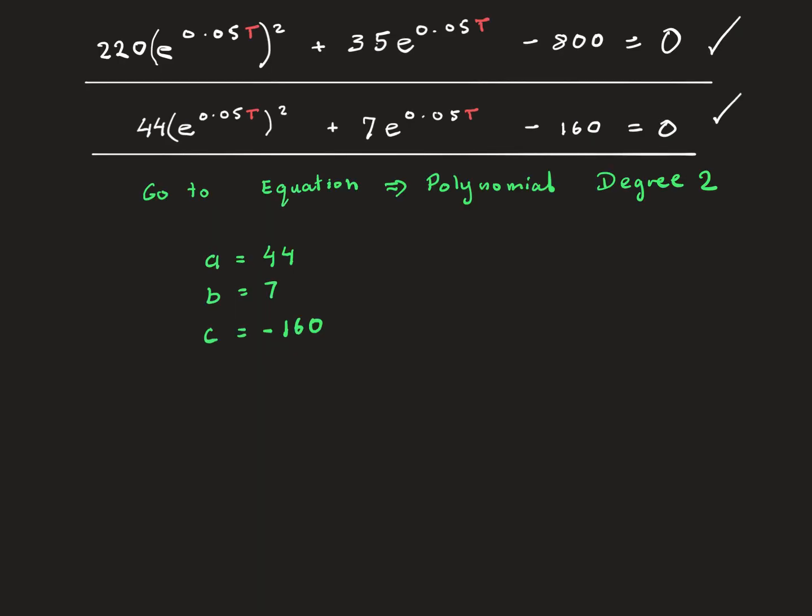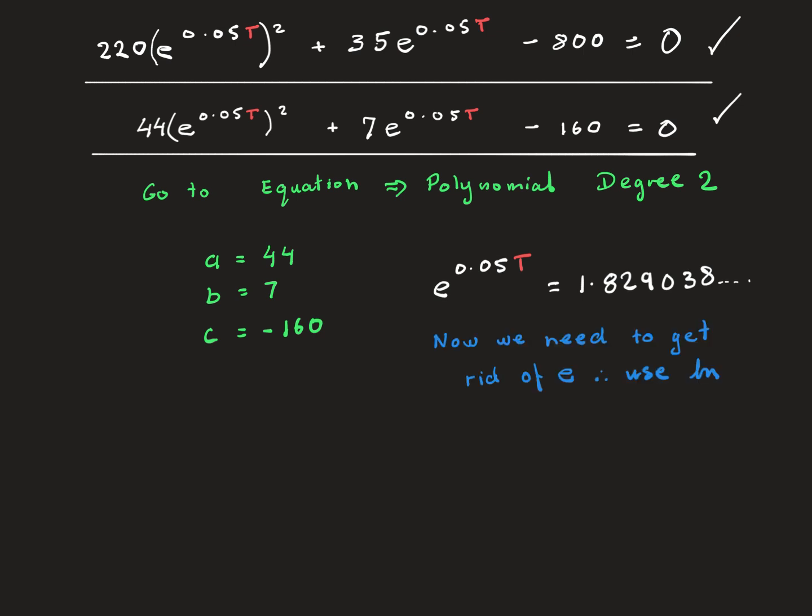There will be two answers because it's a quadratic, and e to the 0.05t is equal to, on your calculator, something like 1.829038. The second answer will be negative, and we cannot have a negative e, so we will just use this answer.